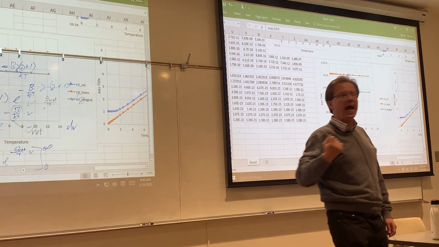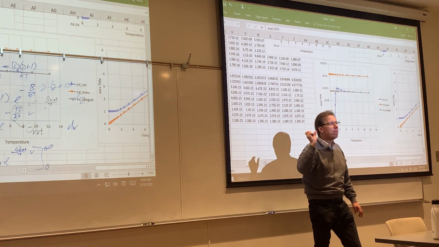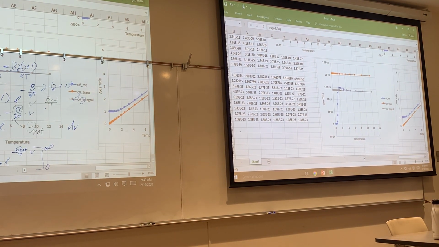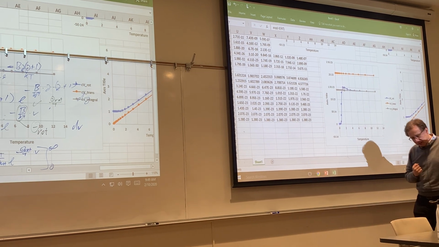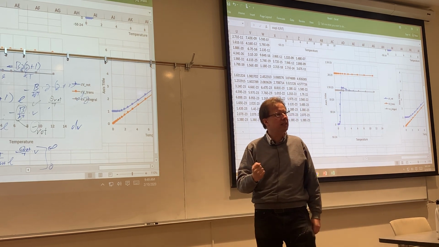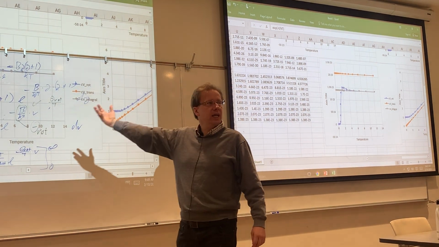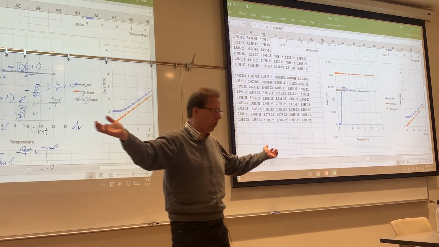So by looking at the step in heat capacity, you can measure the bond distance in carbon monoxide. Now that is not the practical thing for carbon monoxide, but it is very important as a technique, looking at the heat capacity to see when particular states come in. When do they start playing a role?